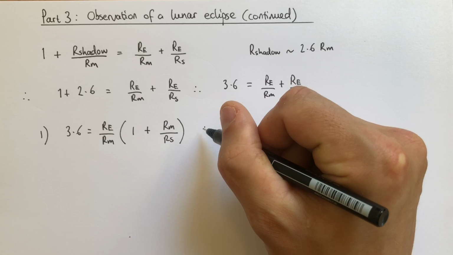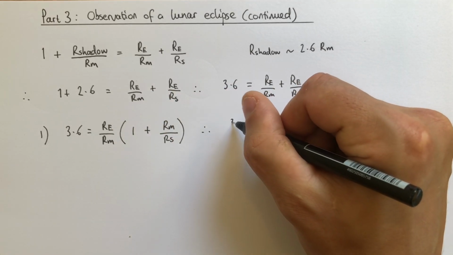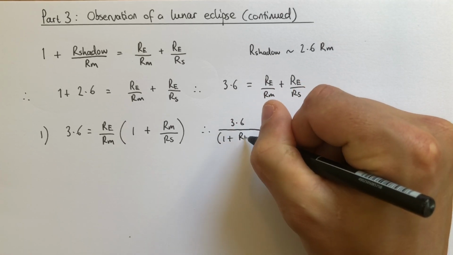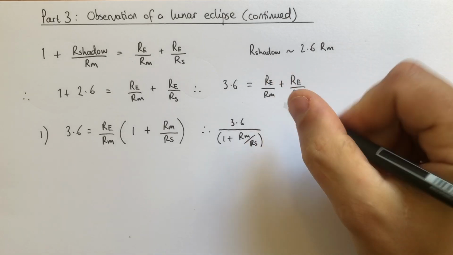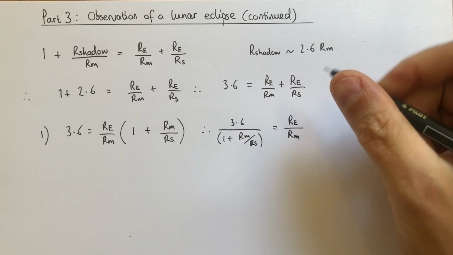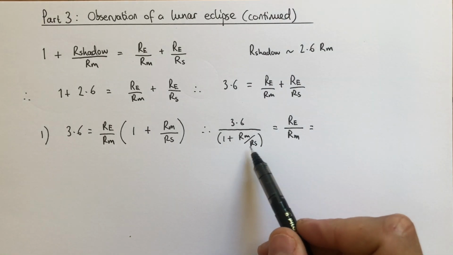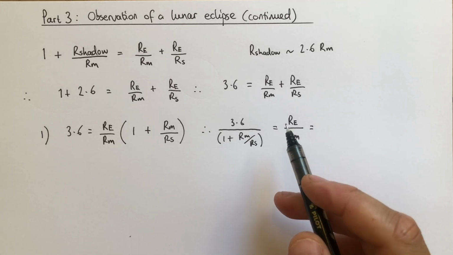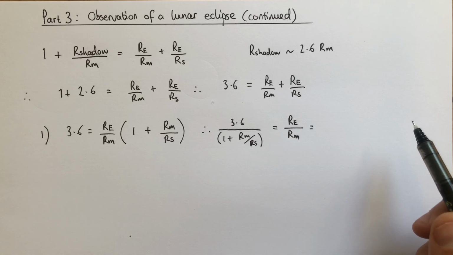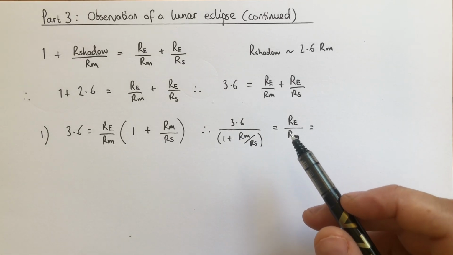What we can then do is divide both sides by this bracket term, and that's going to give us 3.6 divided by 1 plus rm over rs equals re divided by rm. And now notice what happens. We can actually substitute in a value for rm over rs because we calculated that in one of the previous parts, where we determined that the radius of the Sun divided by the radius of the Moon is approximately 390.